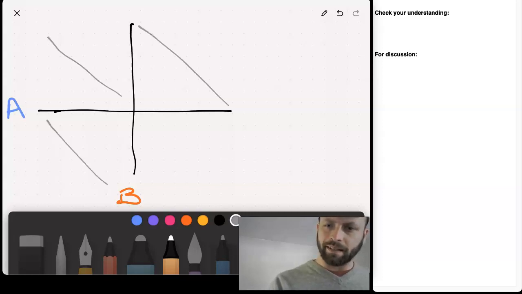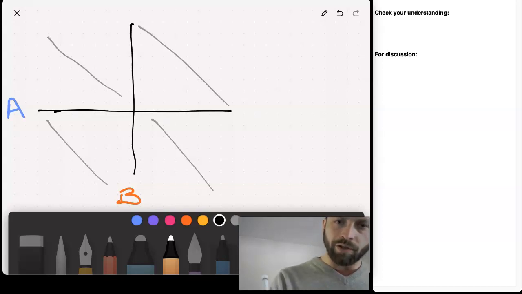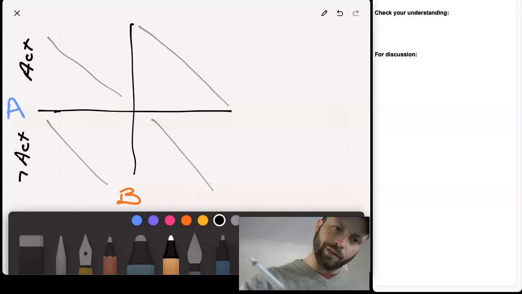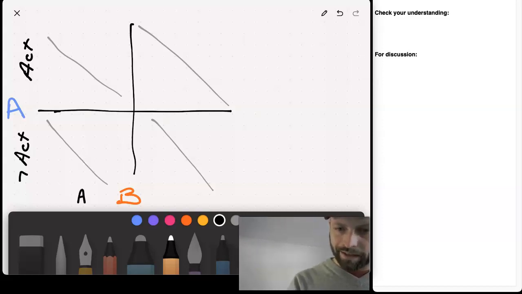Each of the rows corresponding to A and each of the columns corresponding to B is a different choice. So A can either act or not act. That's the logical symbol for not. It's just negation, right? And similarly, B can act or B can not act.